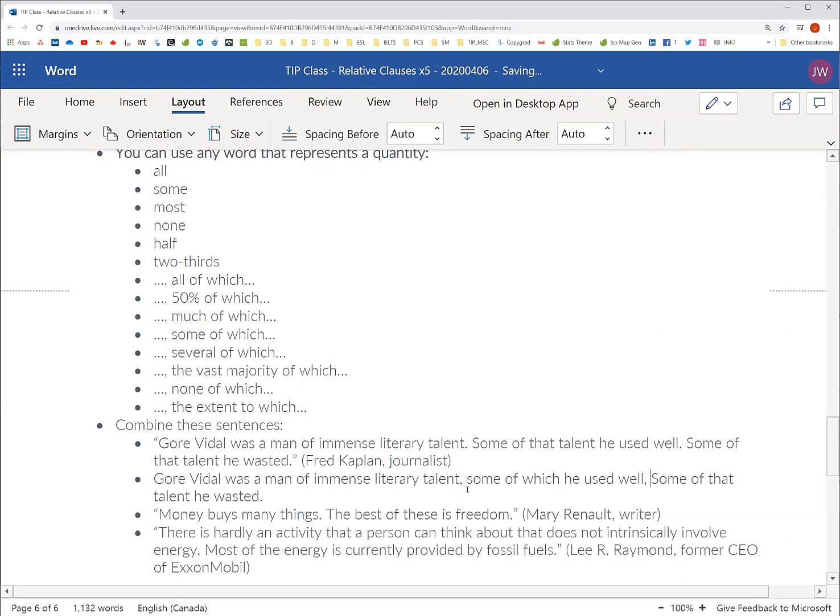Some of which he wasted. You don't need talent because that's what which means, right? Yes. Literary talent is which.